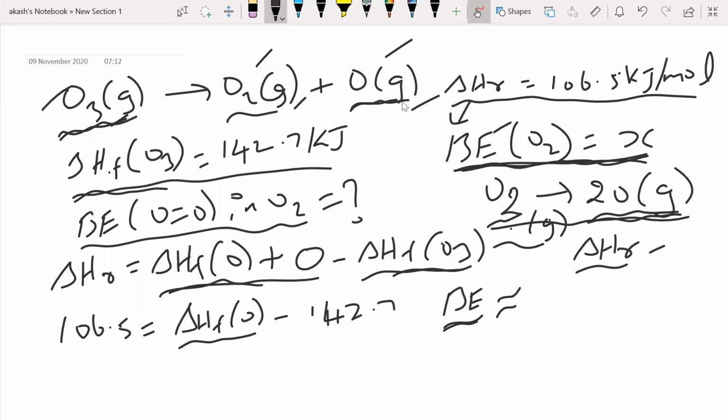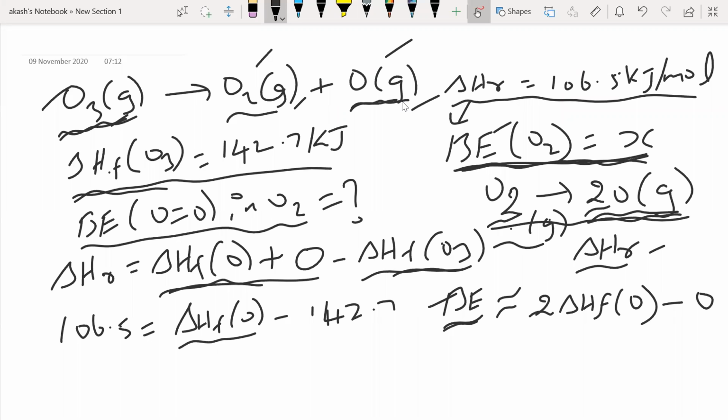Two into del HF of O minus del HF of O2, sir. Good, right? So it will be 2 into delta HF of oxygen atom. Why 2? Because I have stoichiometric coefficient of 2, minus enthalpy of formation of O2, which is 0, sir. 0. Good. That's it.